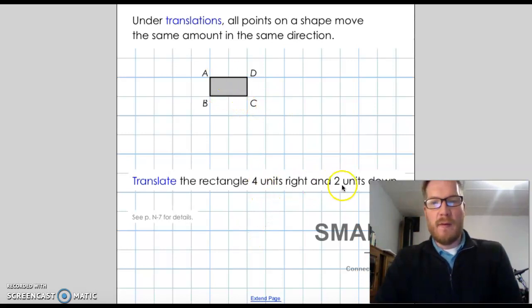So this one says 4 units to the right and 2 units down. Okay, so that means that point A is going 1, 2, 3, 4 to the right, and then 1, 2 units down. And so I'm just going to use my click and drag rectangle tool.